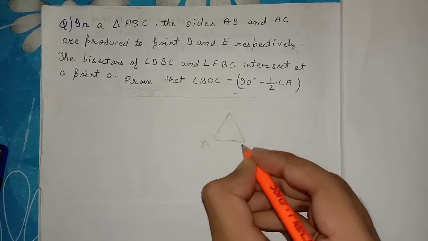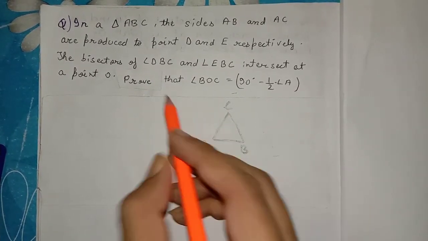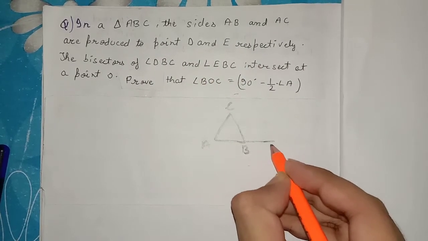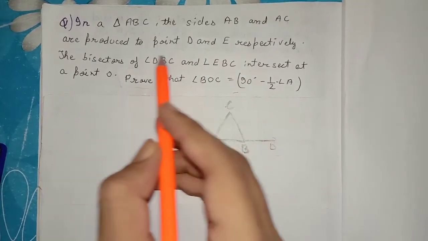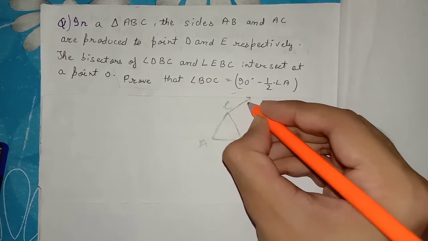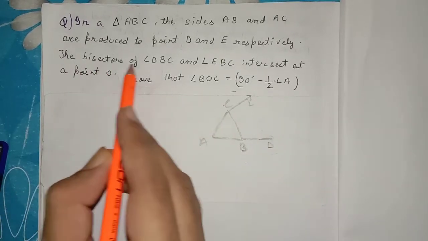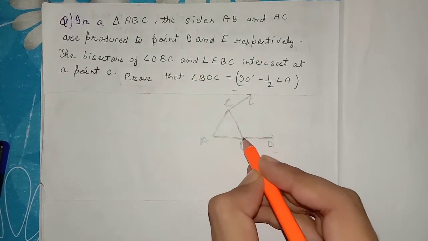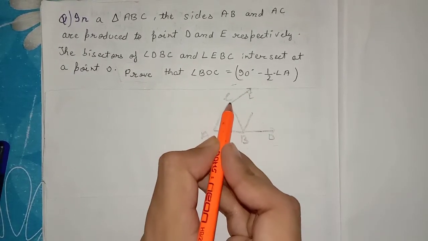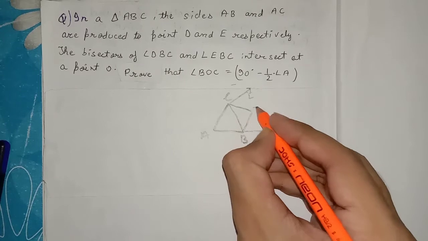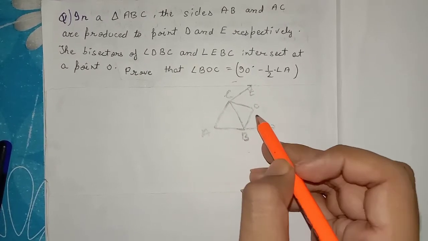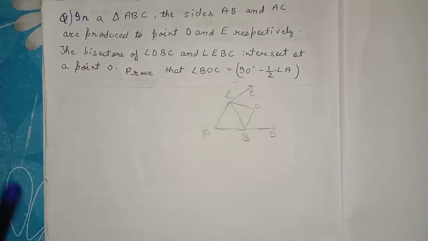The side AB is produced to point D, and side AC is produced to point E. The bisector of angle DBC and the bisector of angle ECB meet at a point O. We have to prove that angle BOC is equal to 90 degree minus half angle A.